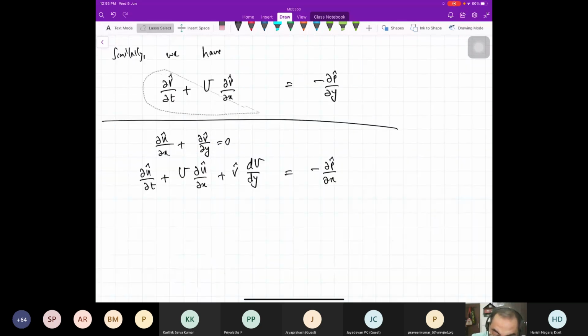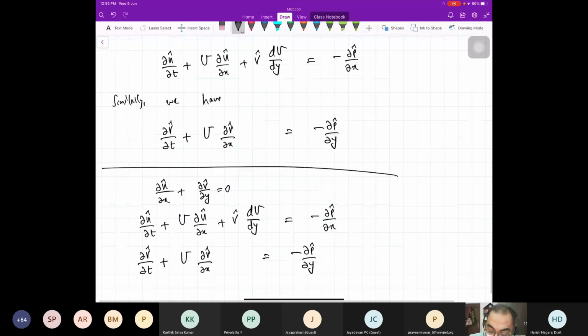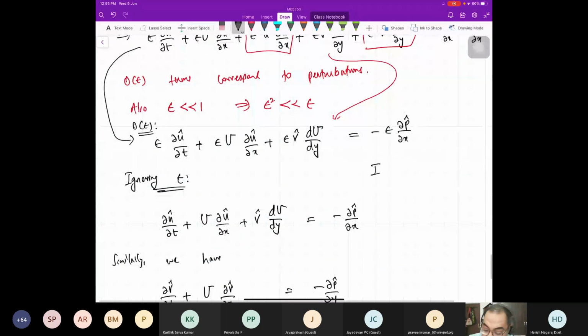And my y momentum equation is this. Notice that these are inviscid. We've ignored viscosity. I have ignored viscous effects.